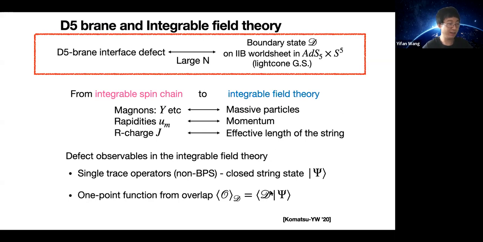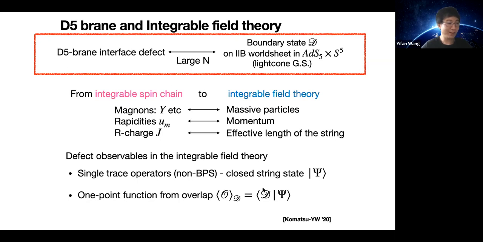Now there's a conjecture one can make, which will be very helpful: is this boundary state integrable? We have some integrable field theory, and we can describe this one-point function as some overlap between states in the integrable field theory, essentially some cylinder diagram.